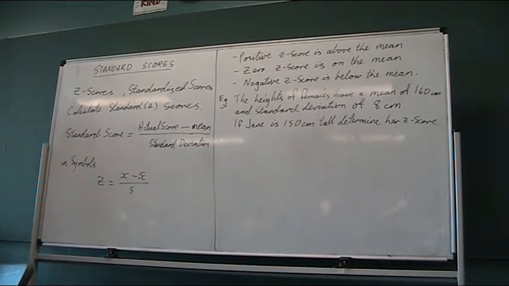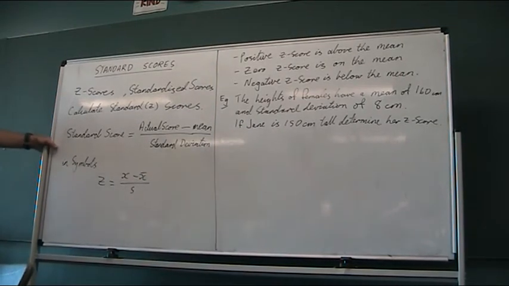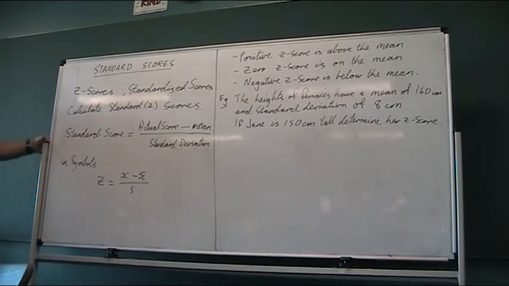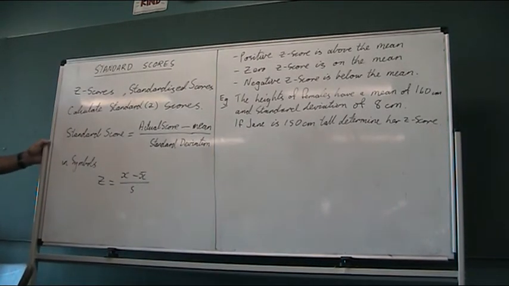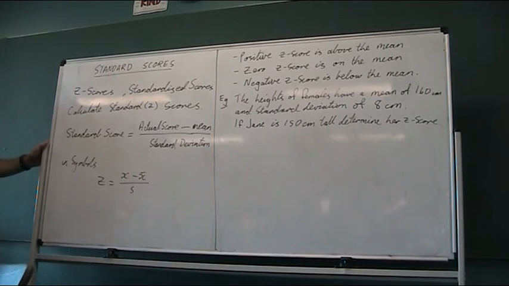With this you'd need to know the mean and the standard deviation, which we're given, and then the height of a particular person, in this case Jane, and she's 150.